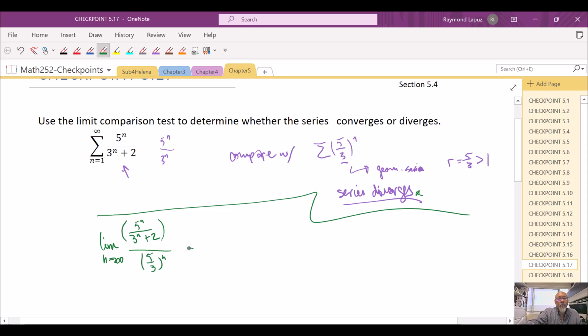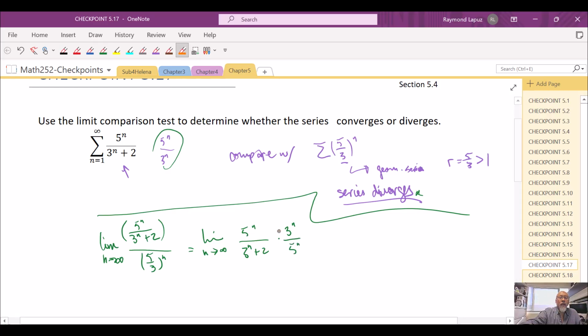All right, so we know that we're dividing fractions. We can multiply by the reciprocal: 5 to the n over 3 to the n plus 2, times the reciprocal, 3 to the n over 5 to the n.